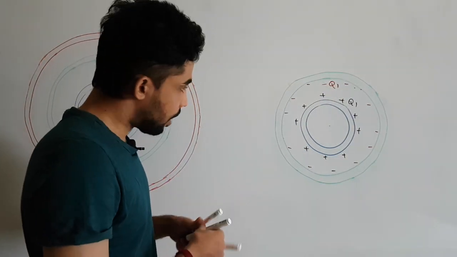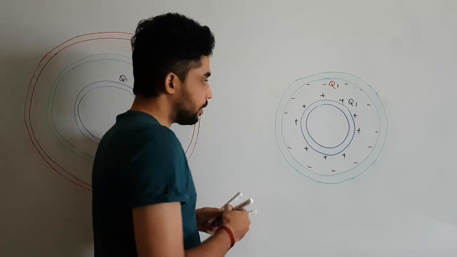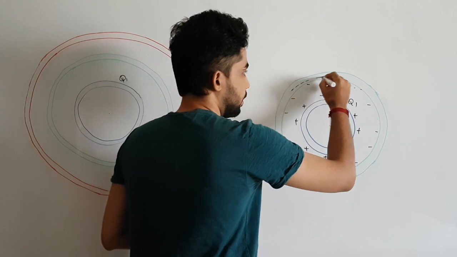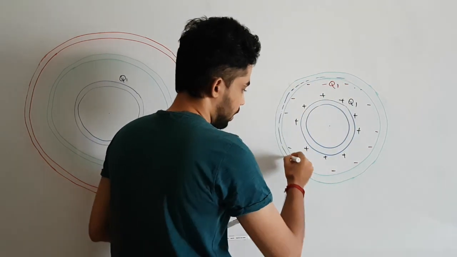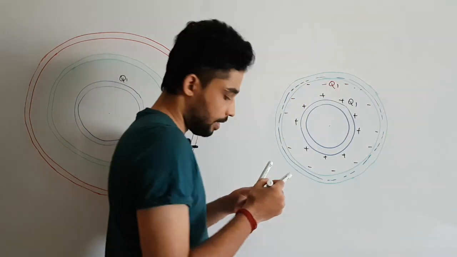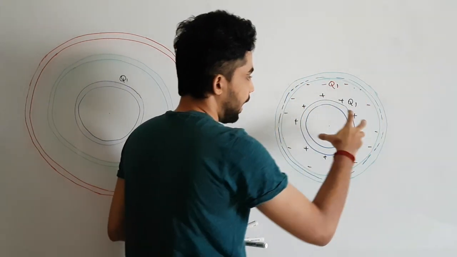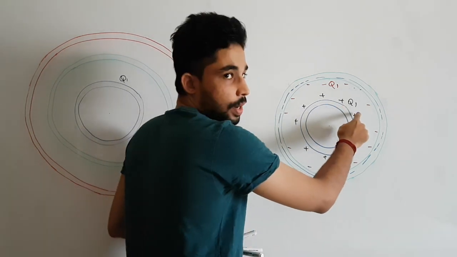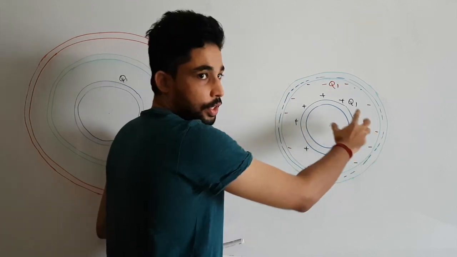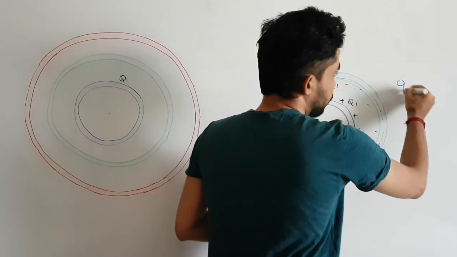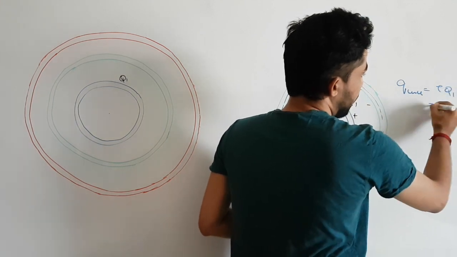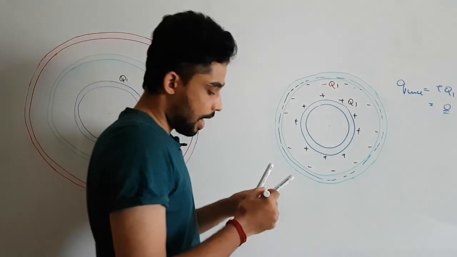Why is this? Say you consider a spherical Gaussian surface within this second shell, like this. This Gaussian surface would be enclosing a charge of plus Q1 and also a charge of minus Q1, so the total charge enclosed is plus Q1 minus Q1, which is zero.